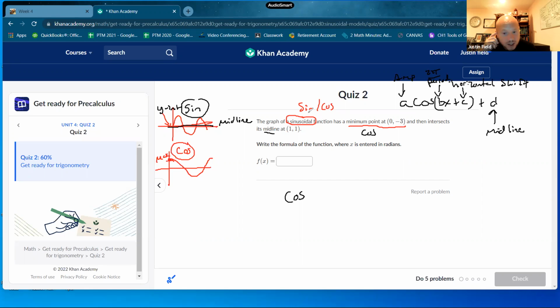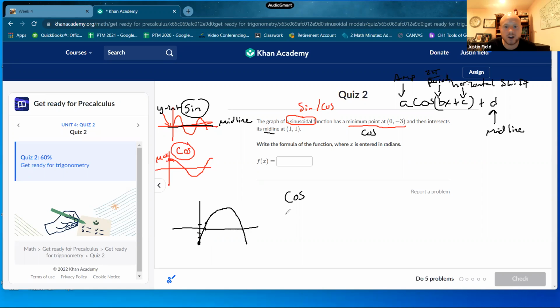The graph of the sinusoidal function has a minimum at (0, -3), and its midline is at (1, 1). So I am going to go ahead and graph this out. 1, 1, and 0, -3. The minimum is here, the midline is there, which means it goes up.